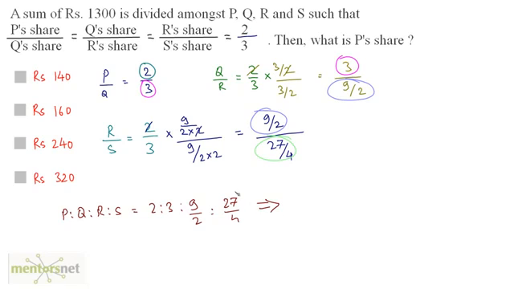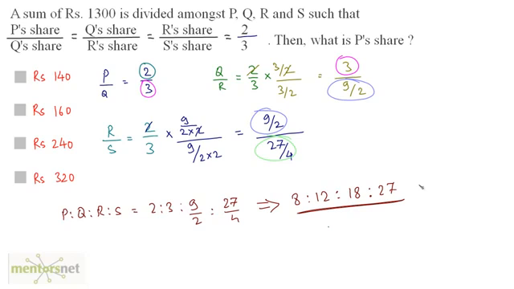Now this is again equivalent to, we can multiply all the terms by 4. So 4 times 2 is 8, is to 3 times 4 is 12, is to 9 times 4 by 2, so it will be 9 times 2, so it is 18, is to 27. So this is the complete ratio.